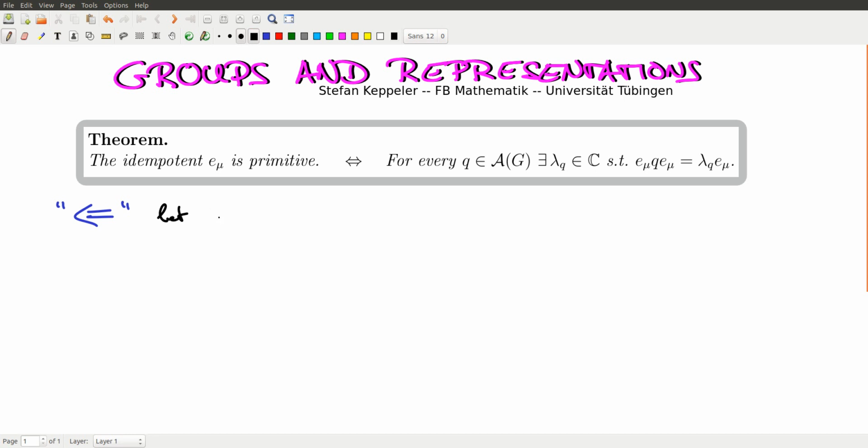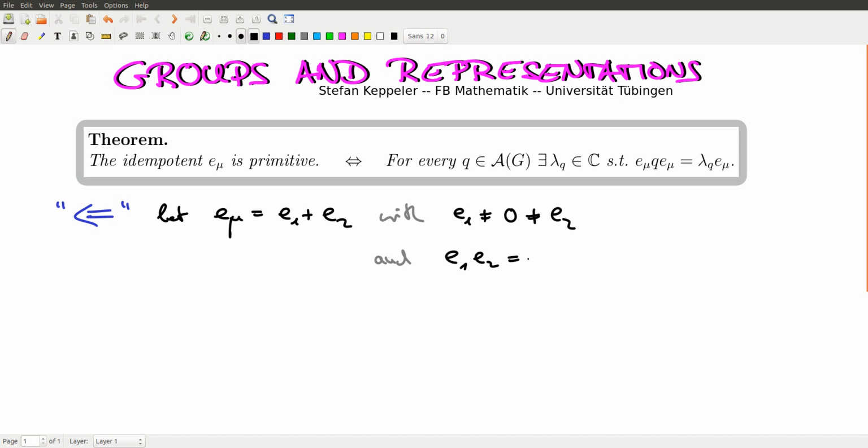So we assume that e mu can be written as e1 plus e2, and neither e1 nor e2 is 0, and mixed products are 0.